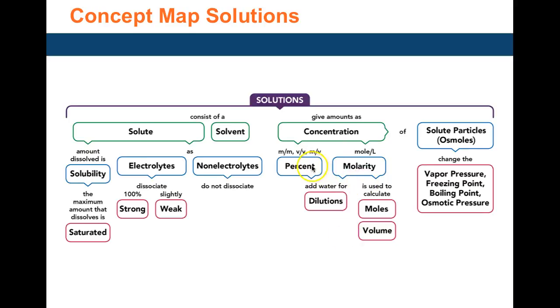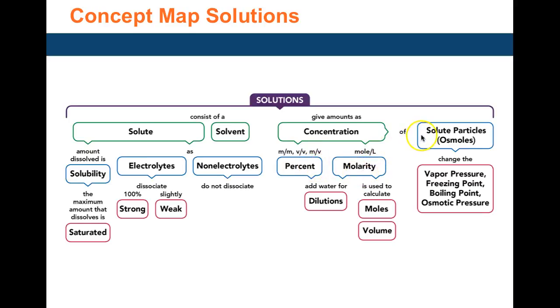And then you can use these percentages and molarities as conversion factors to go from moles to volume, or grams to volume, or grams of solute to grams of solution, and mL of solute to mL of solution, and so on. Okay.